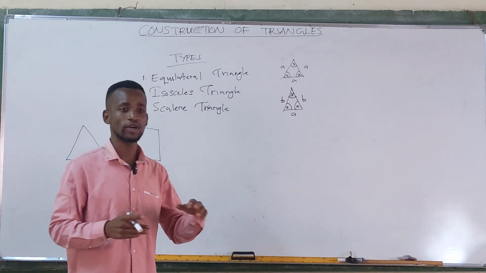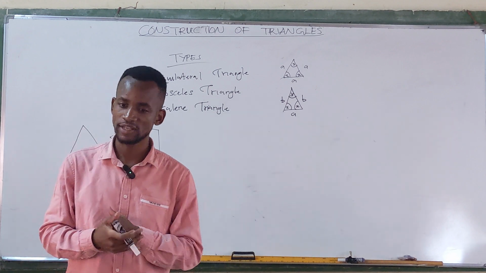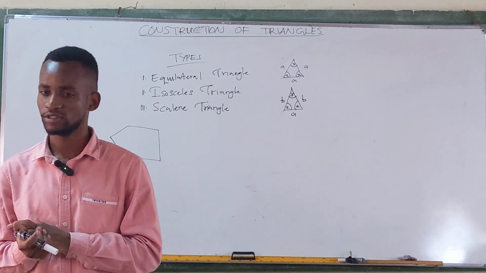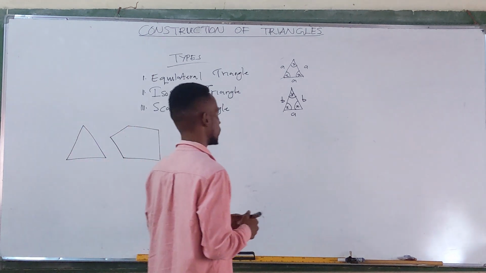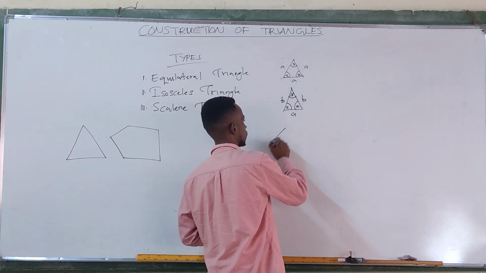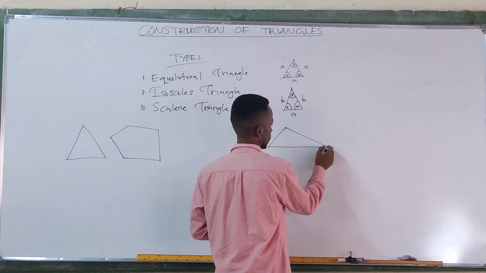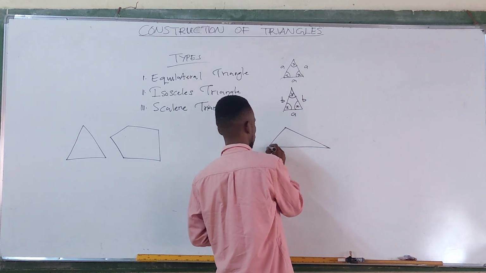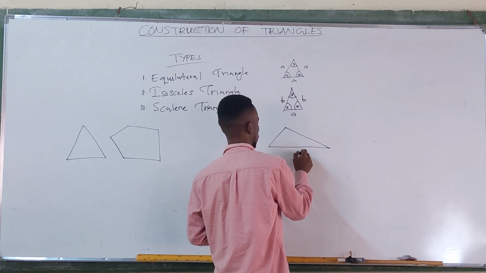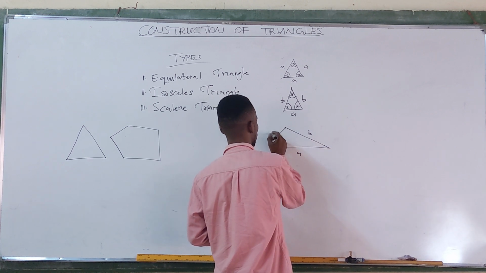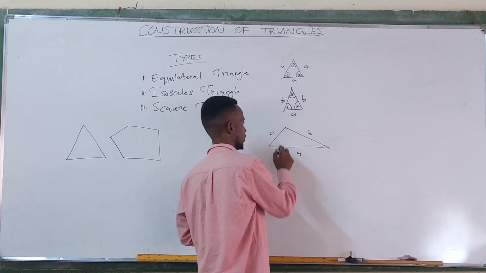The other one is the scalene triangle. This is the type of triangle with 3 unequal sides and 3 unequal angles. You expect the scalene triangle to be like this. So if this is A, this will be B, that will be C there, right?